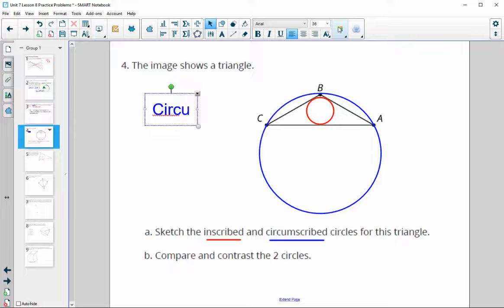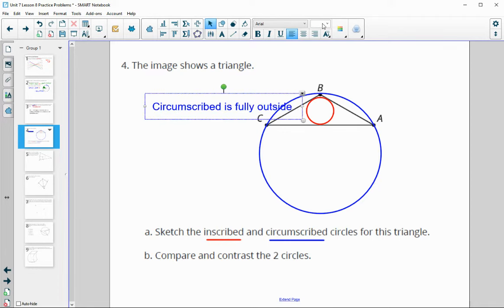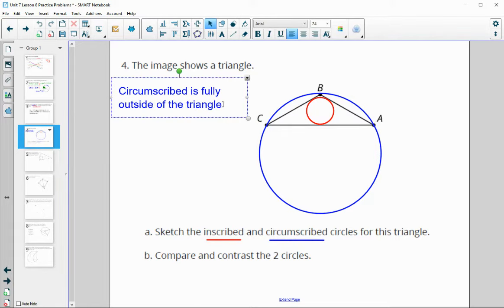Okay, so the circumscribed circle is fully outside of the triangle. So we see that it's on the outer part of that triangle. It doesn't go inside at all.